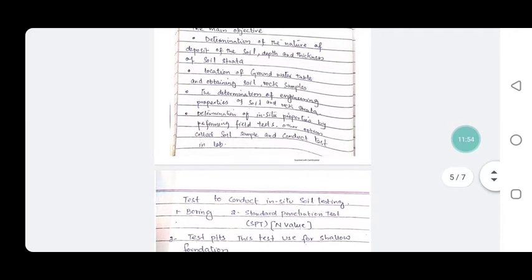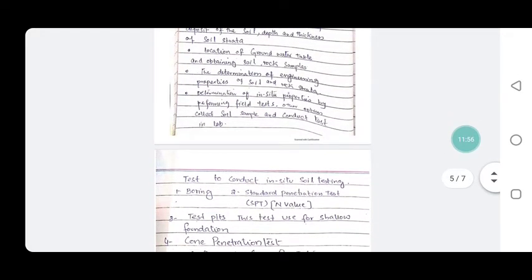The third one is determination of engineering properties of soil and rock strata. Number fourth is determination of in situ properties by performing field tests. Other option will be to collect soil samples and conduct tests in lab.